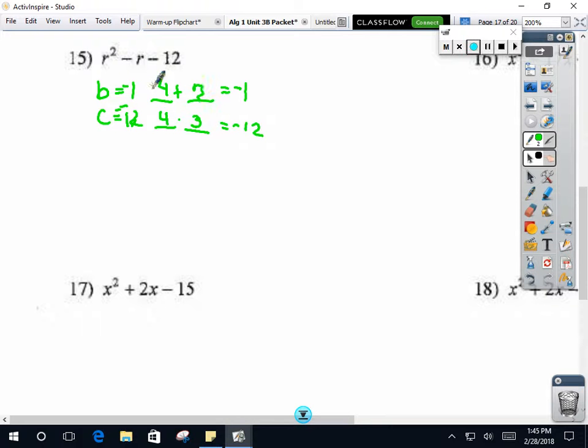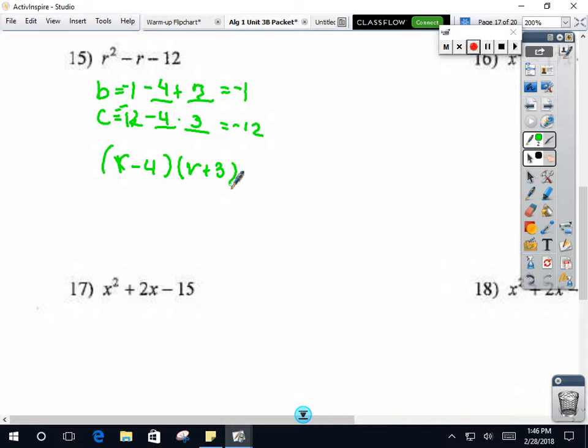If you're multiplying to get a negative, remember the signs need to be opposite. So 1 negative, 1 positive. Okay, and now write them as factors in 2 binomials. Okay, r minus 4, r plus 3 is correct.